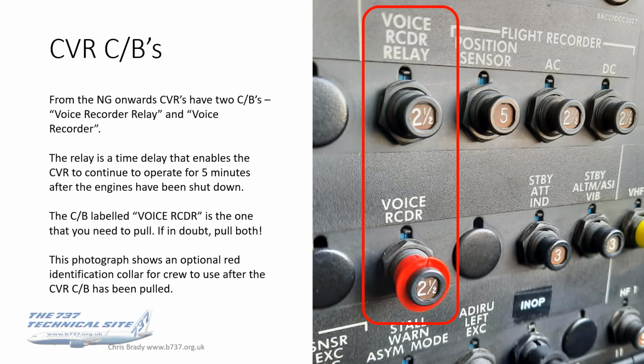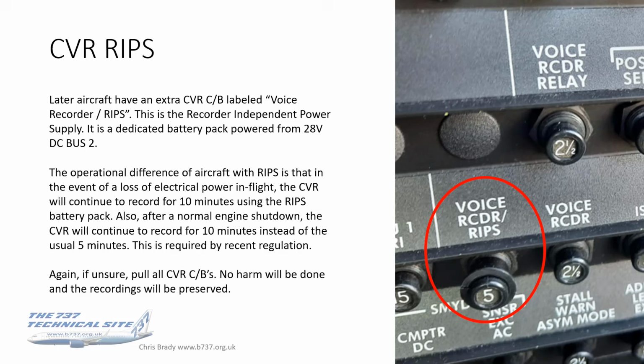But as I say, in the heat of the moment, pull them all. It really doesn't matter. On this photograph, you notice that this particular one has got a red collar around it. That's an optional feature that this particular airline has: they put a little stash of red collars there for crew to use after they've had to pull the circuit breaker, so it's identified.